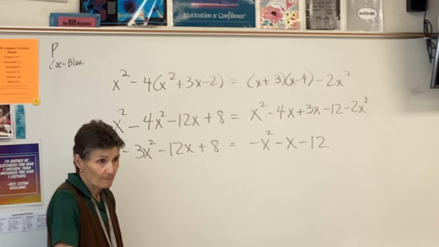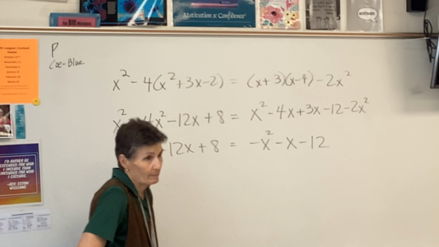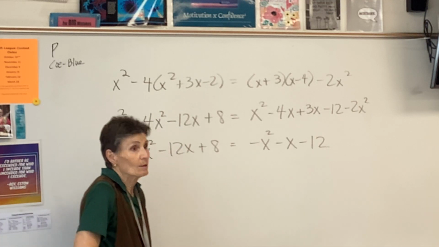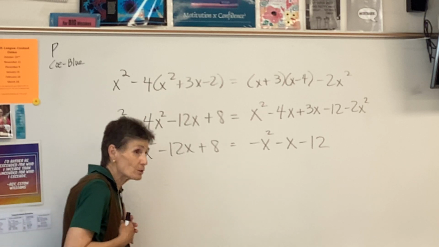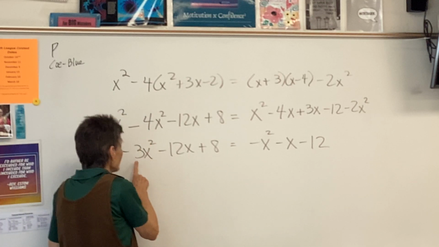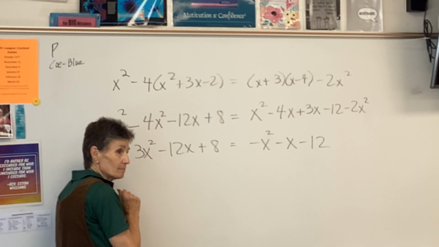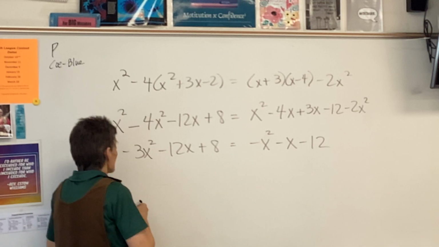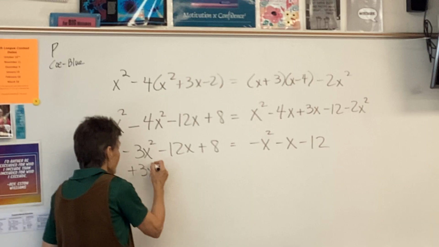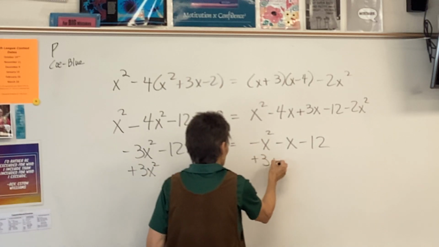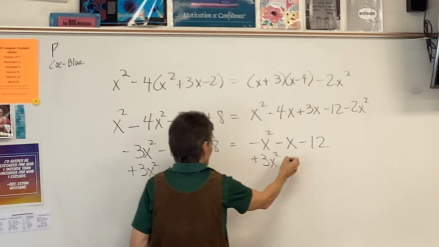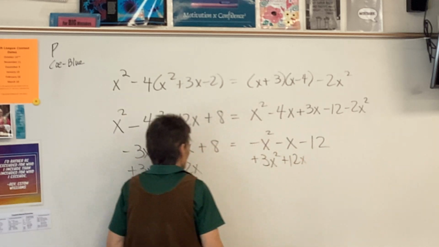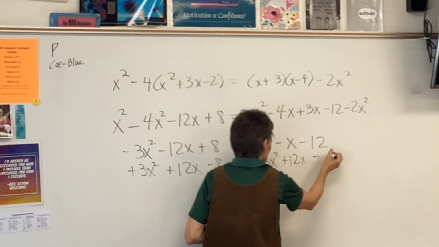All right? Now what? You gotta get one side equal to 0, and it doesn't matter which. Personally, I don't like that number to be negative. That's a quirk I have. So I'm going to add 3x squared, I'm going to add 12x, and I'm going to subtract 8.